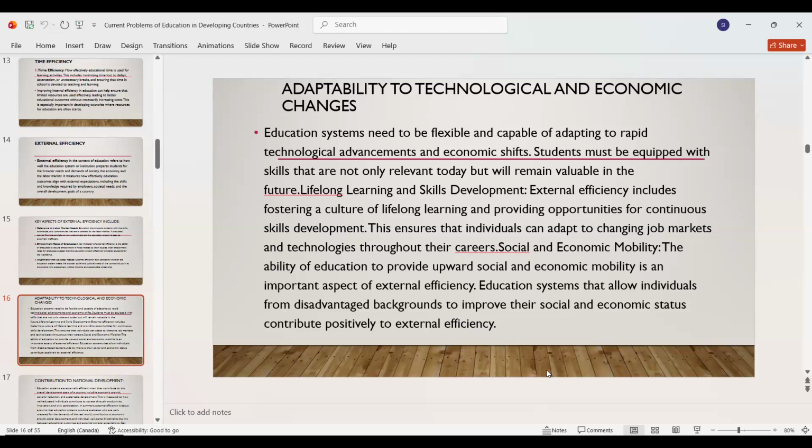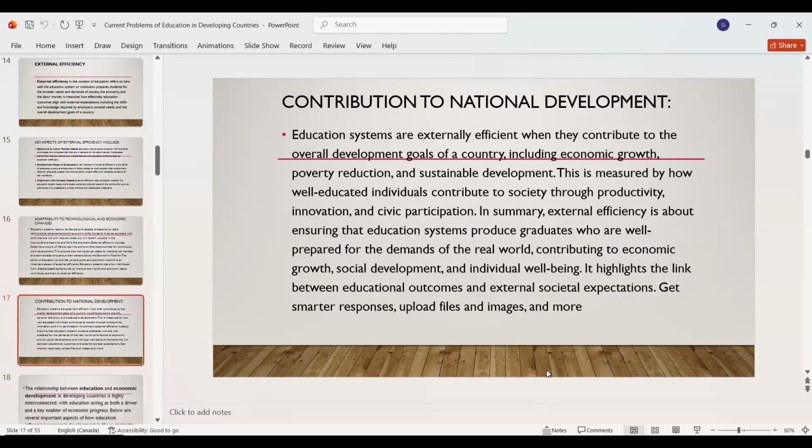So contribution to national development, right? So without education, there's no development. Here, contribution to national development is only possible with education, right? So education systems are externally efficient when they contribute to the overall development goals of a country, including economic growth, poverty reduction, and sustainable development.